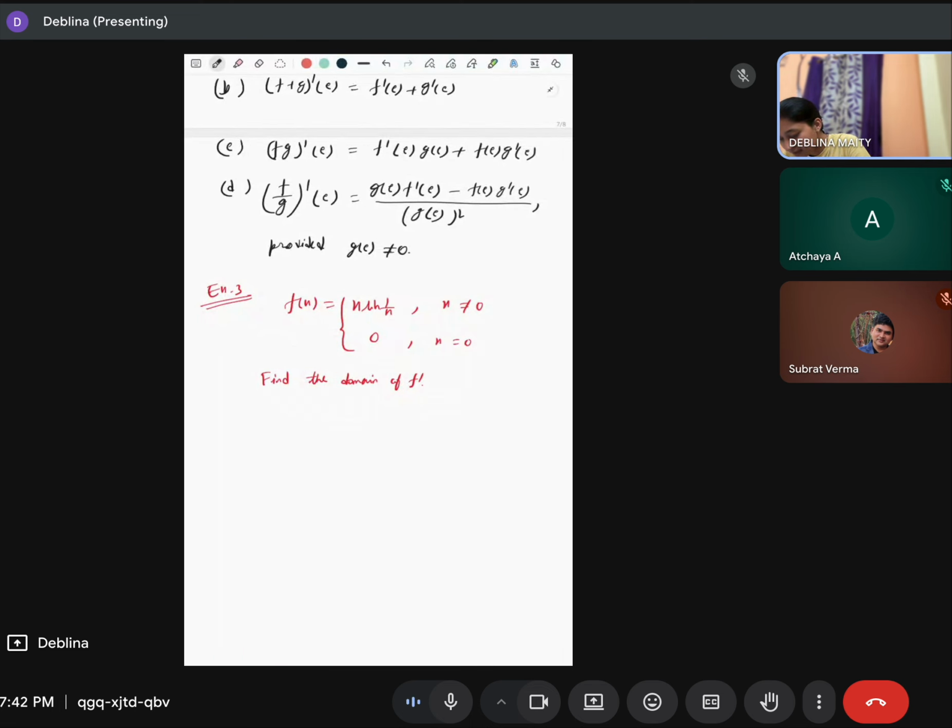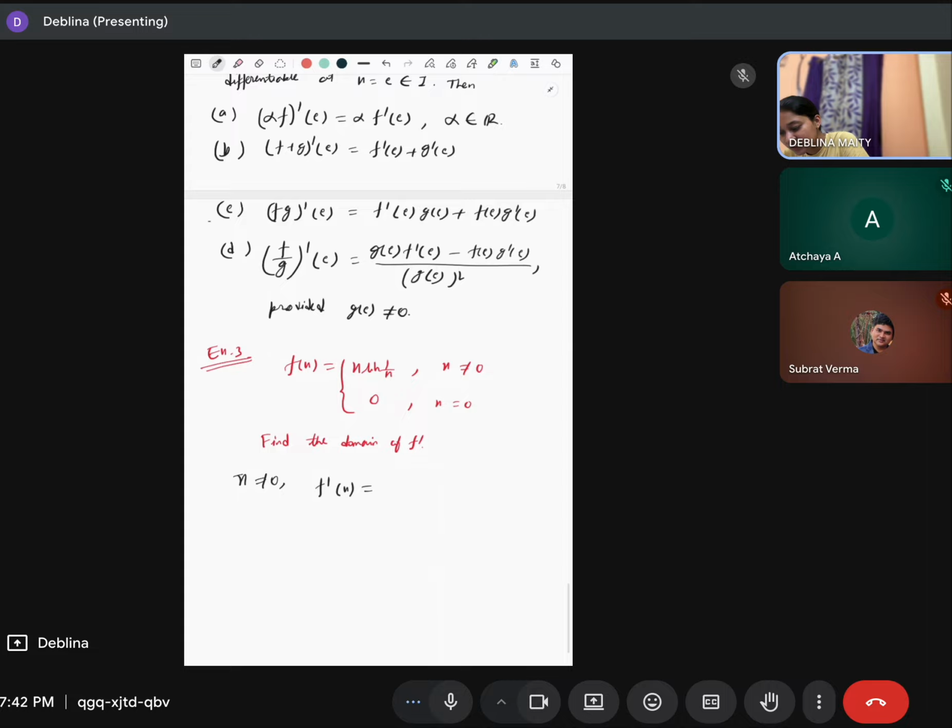Then f dash x will be, by the product rule, sine 1 by x plus x cos 1 by x into the derivative of 1 by x, so it will be sine 1 by x minus 1 by x cos 1 by x. When x is not 0, the derivative exists.